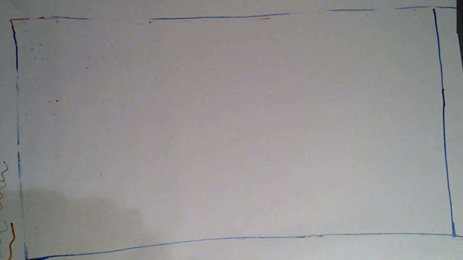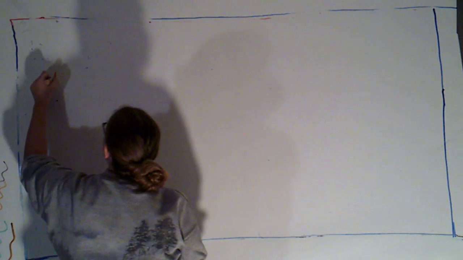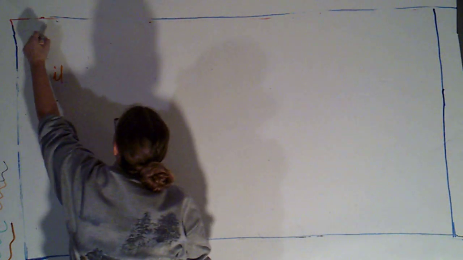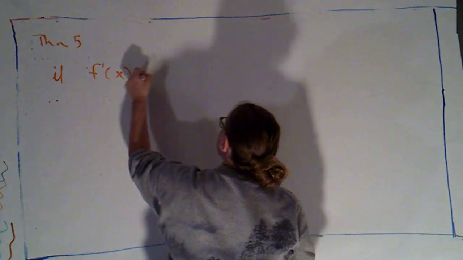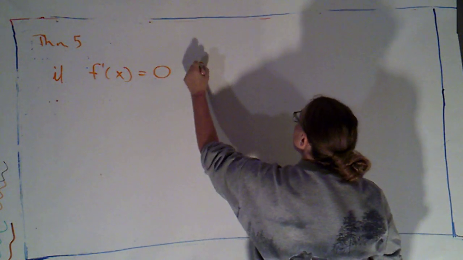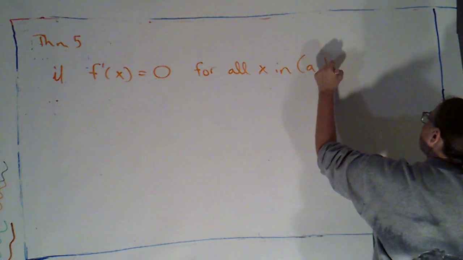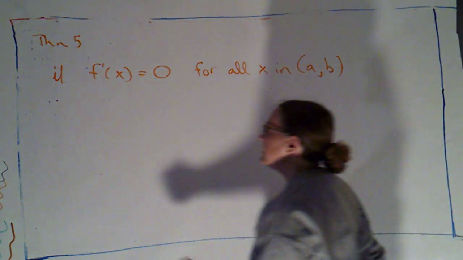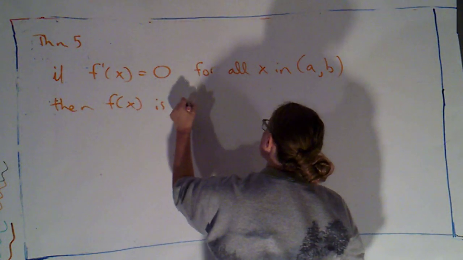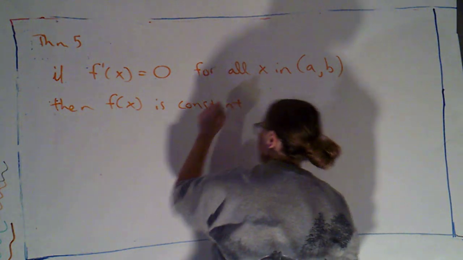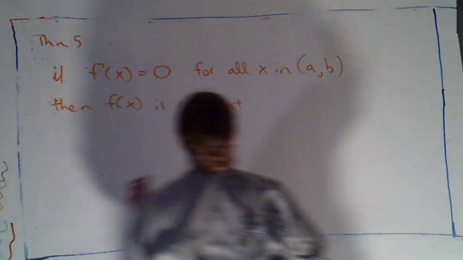Theorem 5 says, I want to make sure I state it exactly right, yes: if f prime of x is equal to 0 for all x in the interval from a to b, then f of x is constant on the interval from a to b.